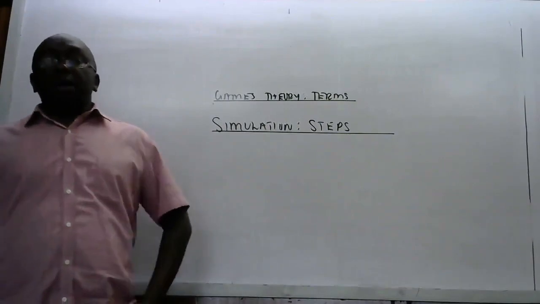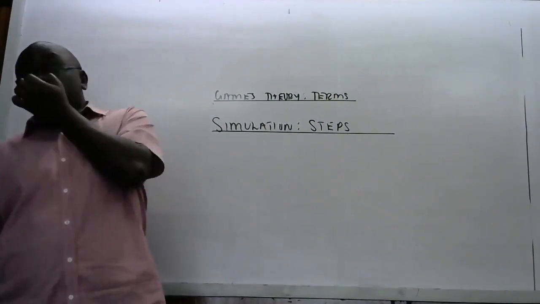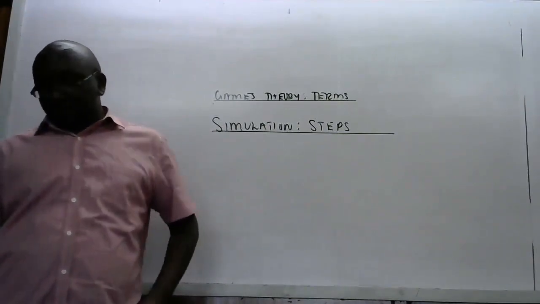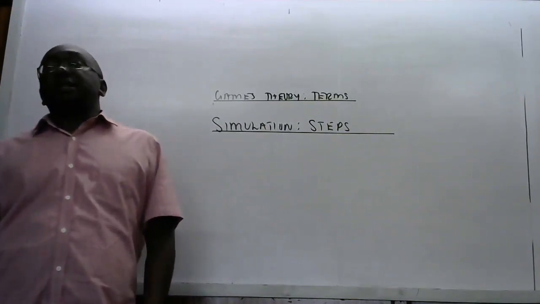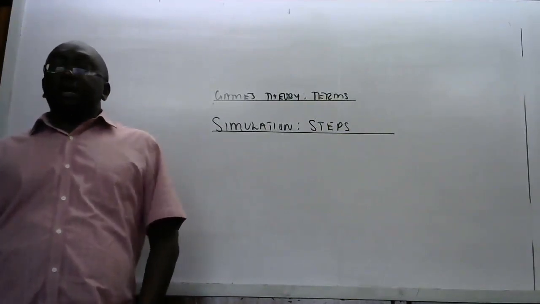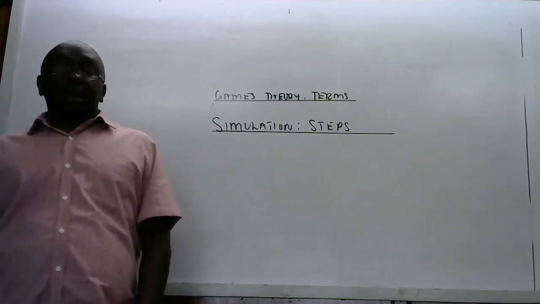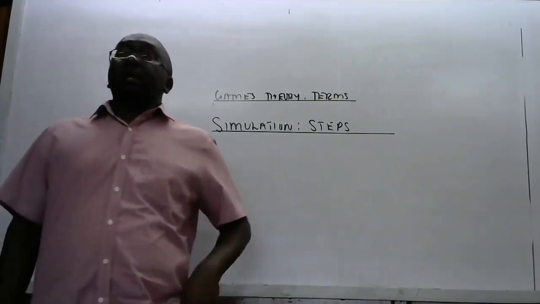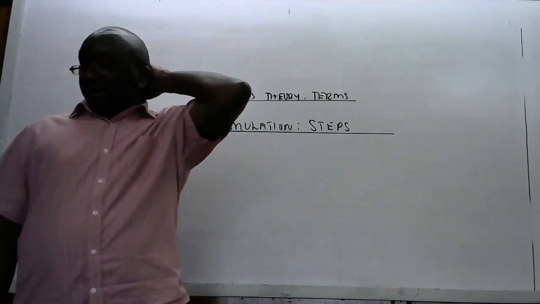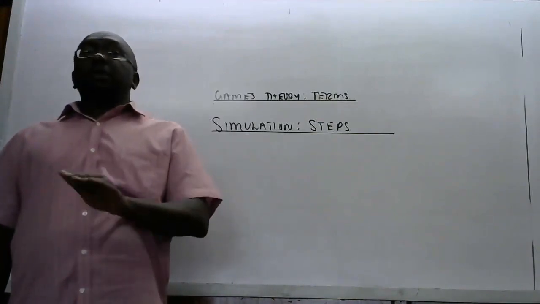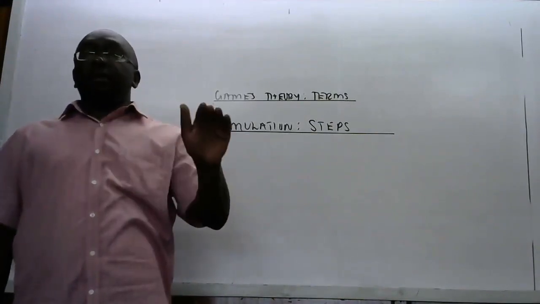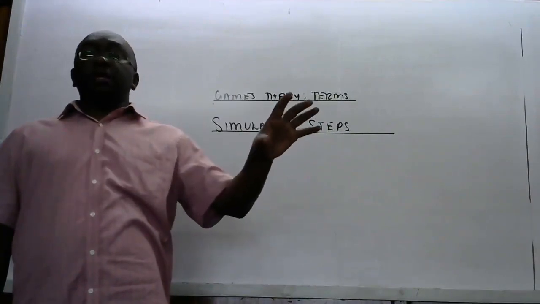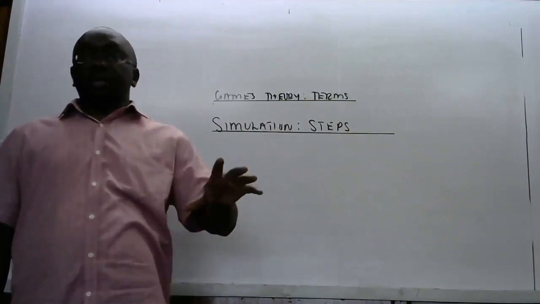Now, the way we have been handling simulation, we have not been mentioning these steps, but they are the ones that we have been using. And again, the way we have been doing it in class, these steps may not come out expressive or very clear compared with when you are doing it out there as a full project.